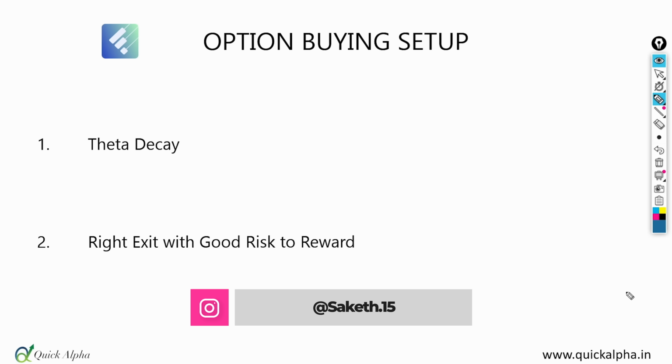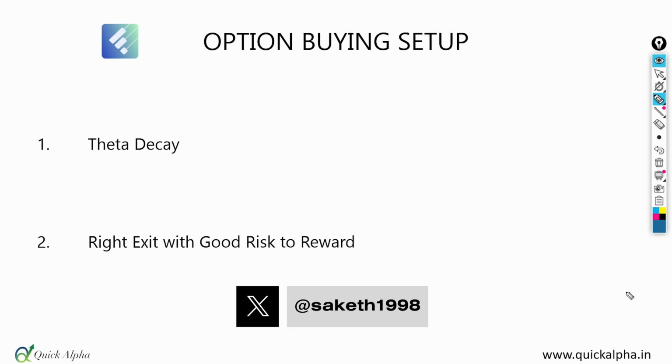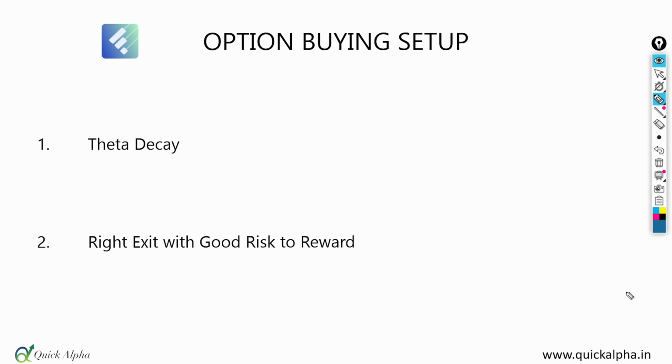Whenever you are buying options, it is very important to have a fantastic risk to reward. Let's take an example where your risk is 5 points. It is advisable to have at least 10 to 15 points of reward for a 5-point risk with option buying, right? If you are taking a risk of 10 points, it is advisable to have a reward of anywhere around 20 to 25 points.